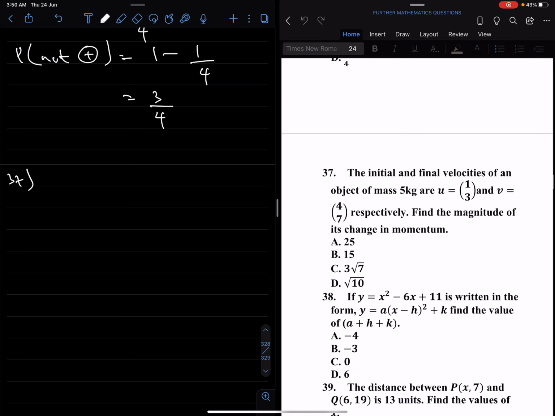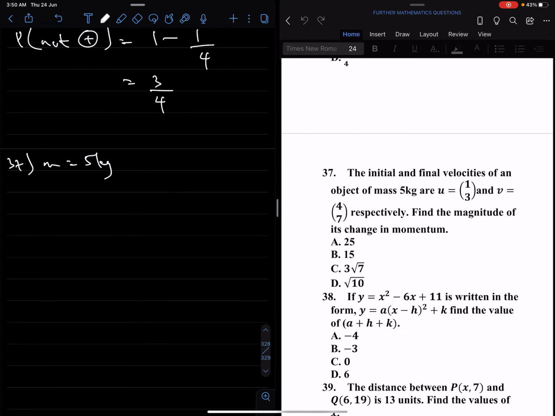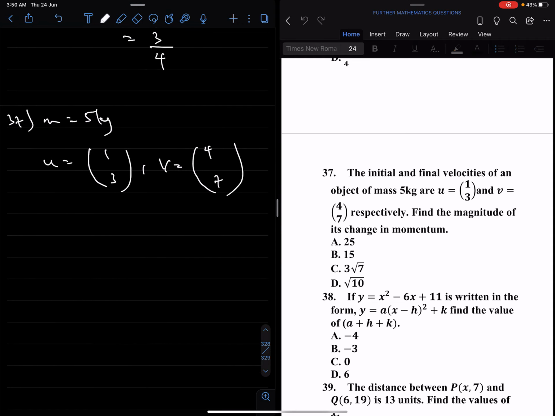The initial and final velocities of an object of mass 5 kilograms are u equals the column vector 1, 3, and v equals 4, 7. Find the magnitude of its momentum.